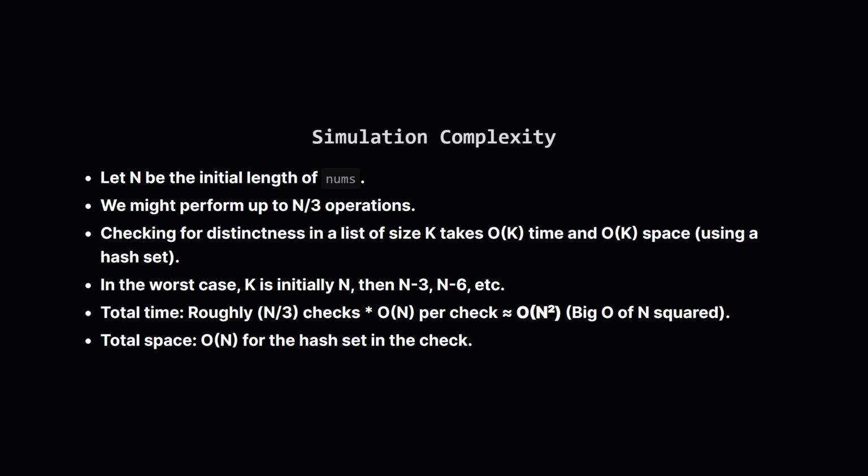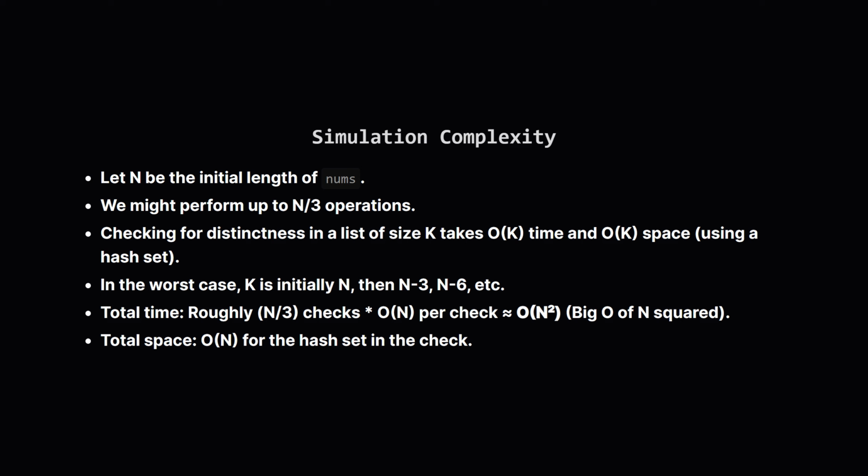Now, how fast is this simulation approach? Let's say the original list has n items. In the worst case, we might have to do the chopping operation about n divided by 3 times. Okay, but each time we check if the remaining list is distinct, that check itself could take time proportional to the length of the remaining list. In the beginning, that's almost n items.